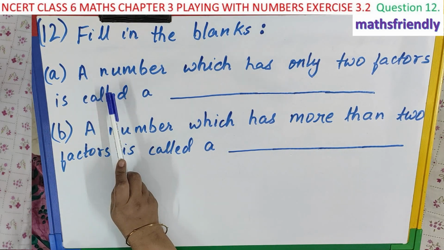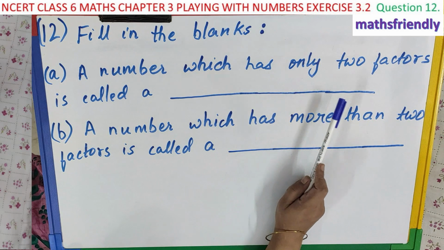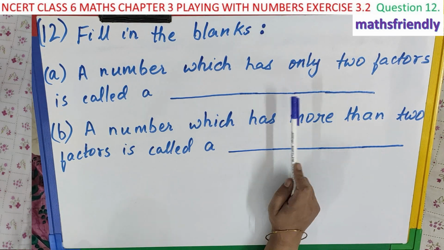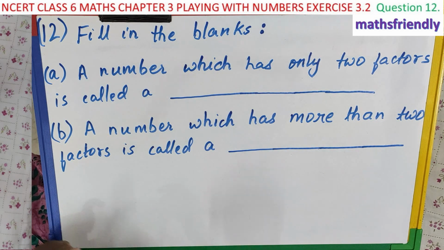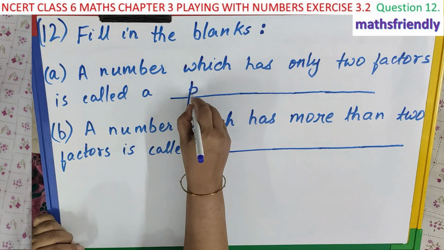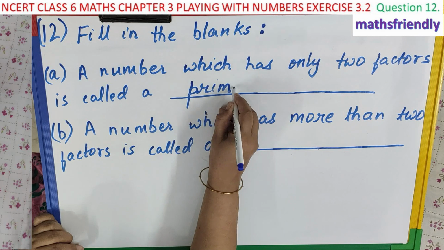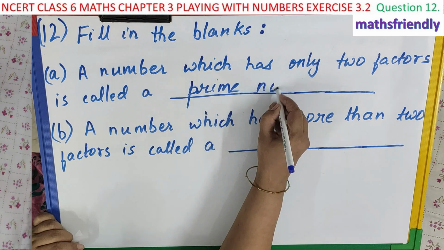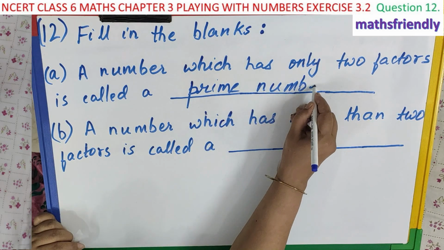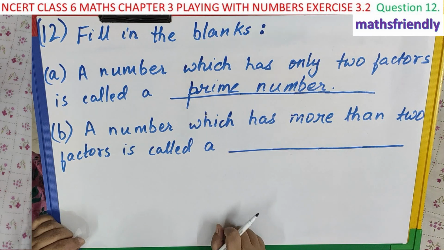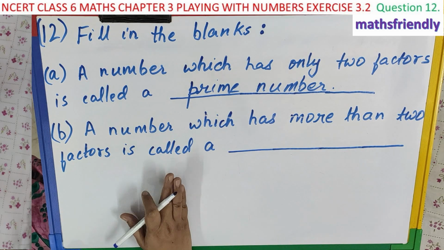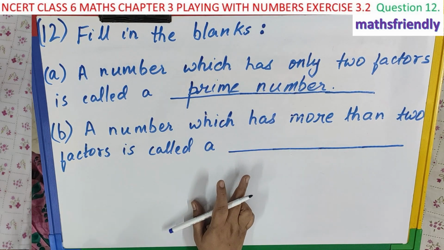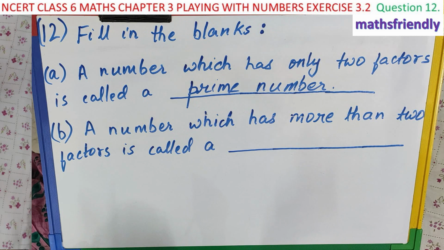In question number A, it is saying that a number which has only two factors is called a prime number. I will write the answer first. Is called a prime number. The number which has only two factors is called a prime number, means a number which comes only in two tables.